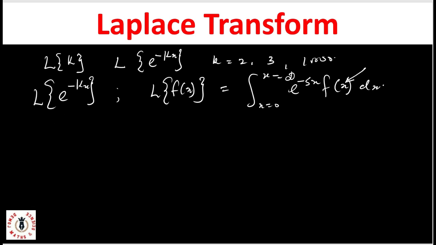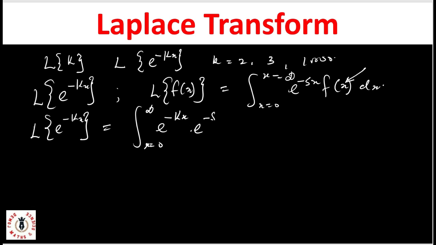So if the Laplace transform of f of x is equal to the integral of e raised to power minus sx f of x dx, then the Laplace transform of e raised to power minus kx will be the integral from x equals 0 to infinity of e raised to power minus kx, then e raised to power minus sx with respect to dx.